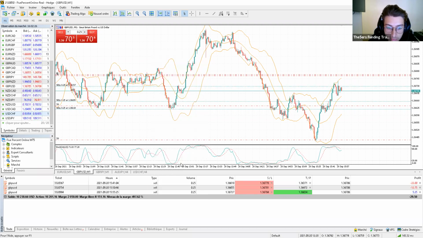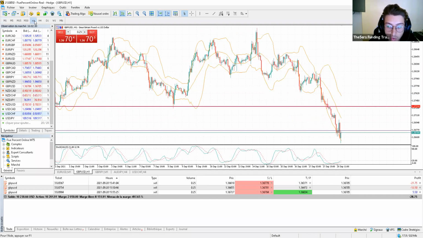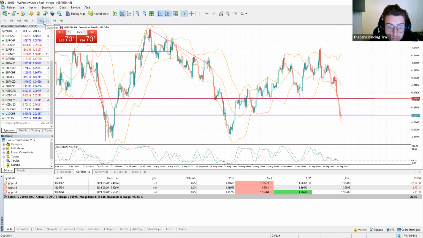Today the market is less volatile. It's very rangy. All the dollar pairs are starting to strengthen. So I will try to explain what I think about the global market and how we can make a link between what is going on in the stock market and how we can trade all the pairs that can have an effect.